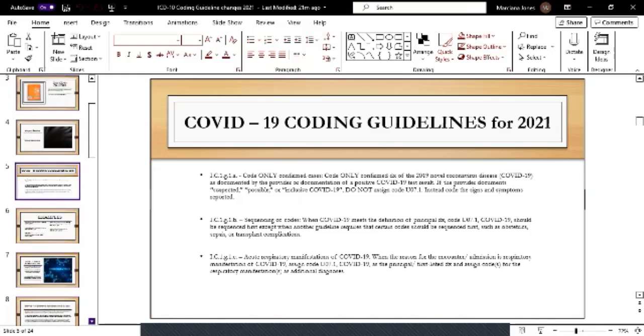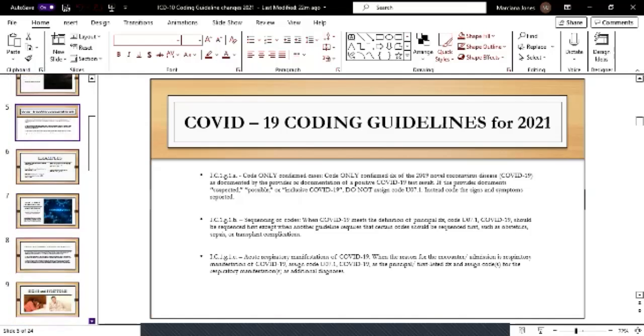So, COVID-19 coding guidelines for 2021. And also as a reference, this is nothing I'm making up. This is nothing that I'm just saying because I know coding and I'm certified and these are the rules. No, that's why I wanted to specifically add the reference from the coding guidelines and conventions so you can go back and refer to them for yourself.